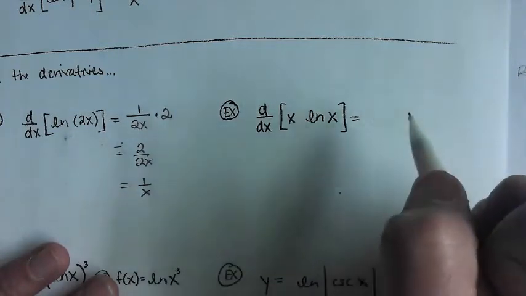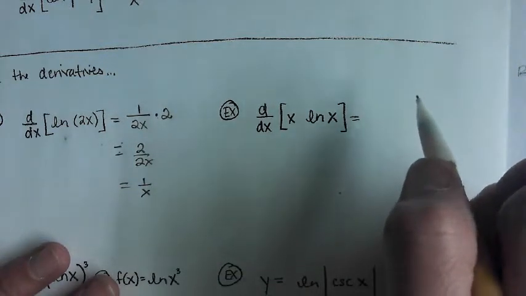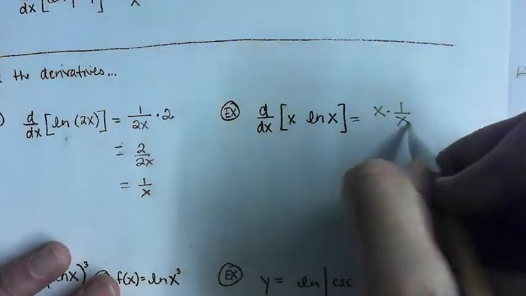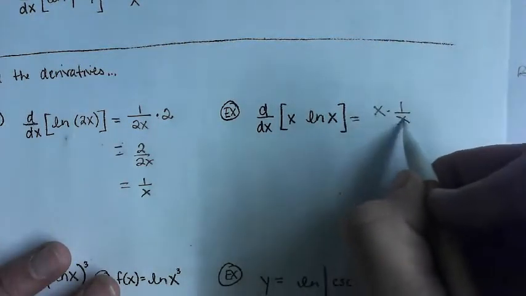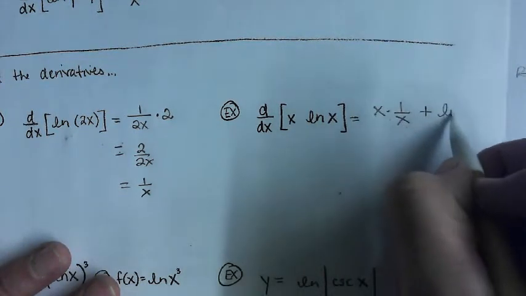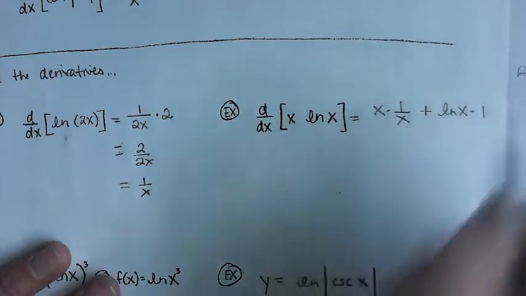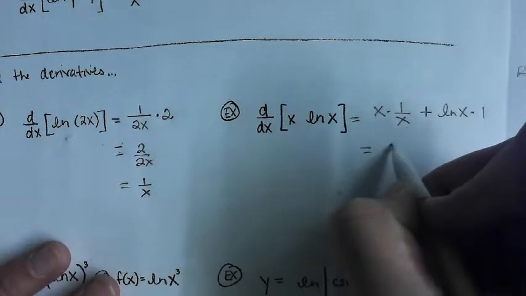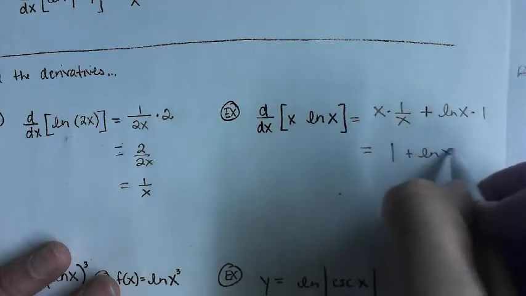So what does your product rule look like, Michelle? So that's your first times your derivative of the second. Good? Perfect. So that's all just going to be 1 plus the natural log of x.